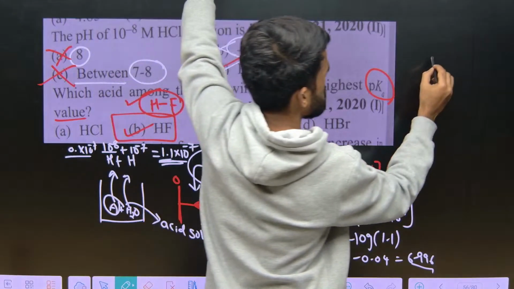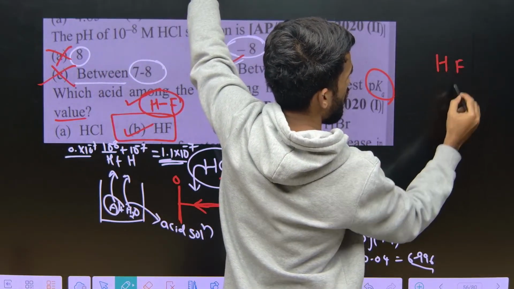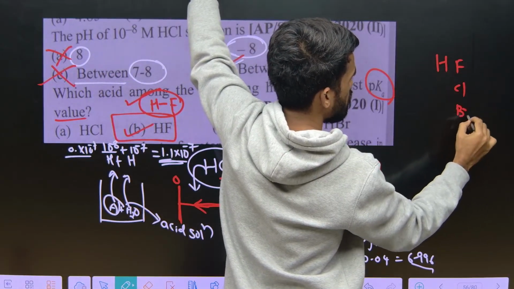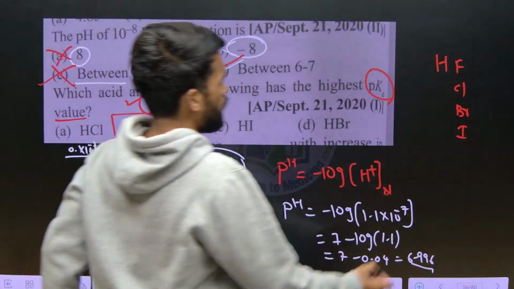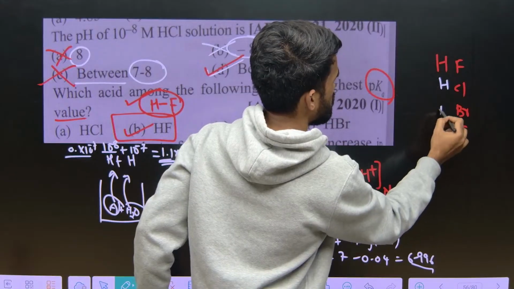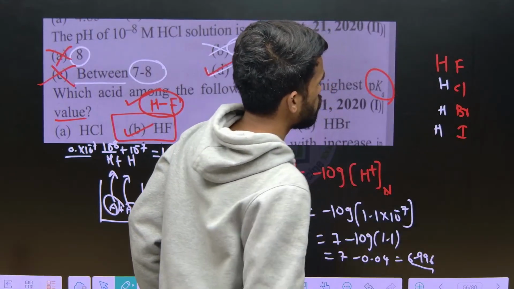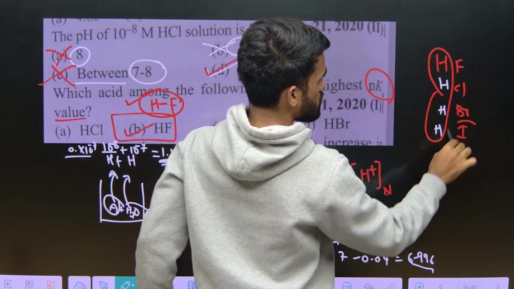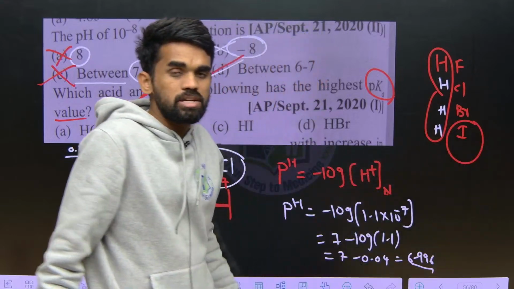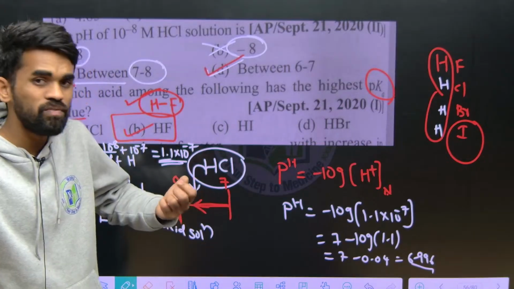Just take the halogens: fluorine, chlorine, bromine, iodine. So these halogens along with hydrogen: HF, HCl, HBr, HI. Due to the small size of hydrogen but the larger size of the halide ion, like iodide is larger, there will be a very weak bond.